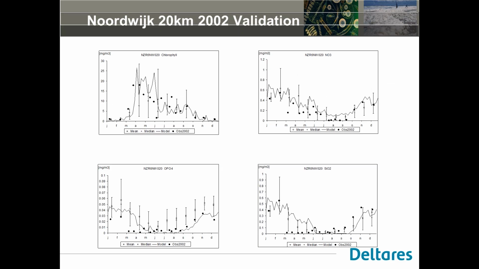Another example from a marine application is shown in this figure for a coastal station in the North Sea. The line indicates the model result, the dots the observations for the particular year, and the error bars indicate long-term 10-year trends in observations.